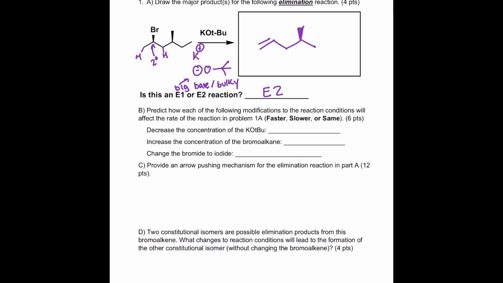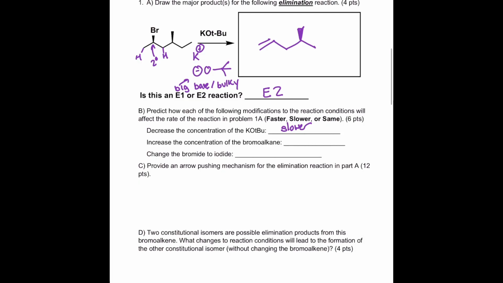So if we were to decrease the rate that our base is attacking, that is going to make the reaction slower. And then if we increase the concentration of the bromoalkene, so that means that there's more of these for our base to attack, that is going to make it a faster reaction.